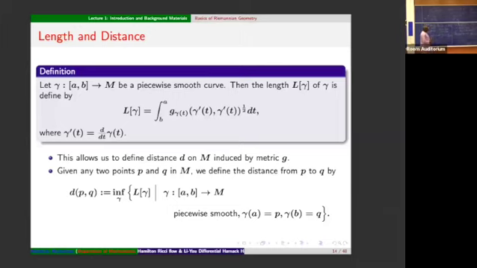You can use this to prove that a Riemannian manifold is a metric space, because you can use the metric to define distance between two points on the manifold.